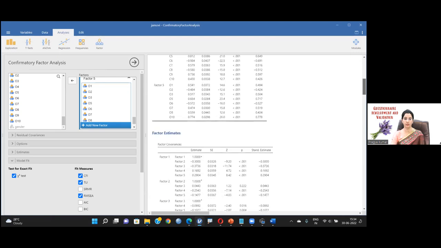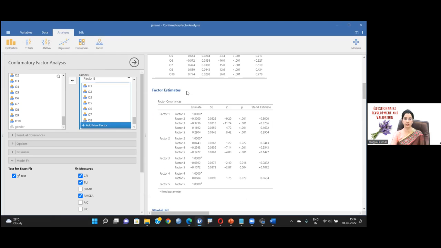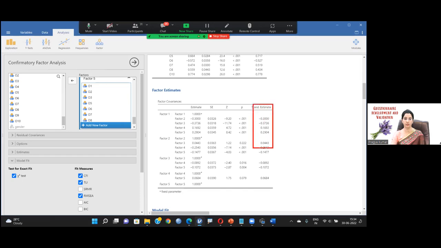Now if you come down, you will see this is the factor estimate. What is this? These are the factor covariances. Focus on this standardized estimate, and this tells you the relationships between these two factors: factor 1 and factor 2, factor 1 and factor 3, factor 1 and factor 4, and factor 1 and factor 5.